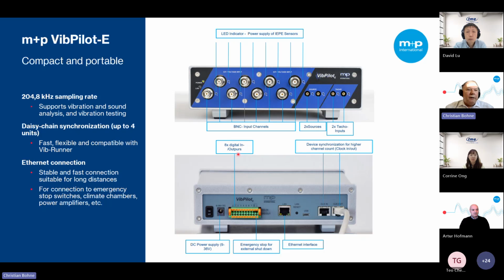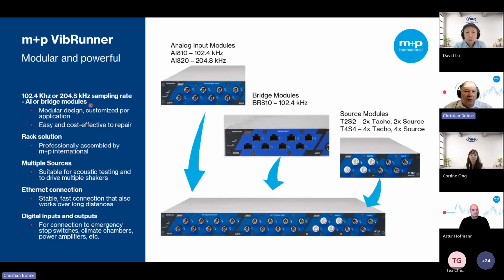We can also combine up to 4 8-channel units to 32 input channels, and then the hardware is daisy chained here by clock in and clock out and synchronized this way. Maximum sample frequency is 204.8 kilohertz, and it's running on 24 bits.